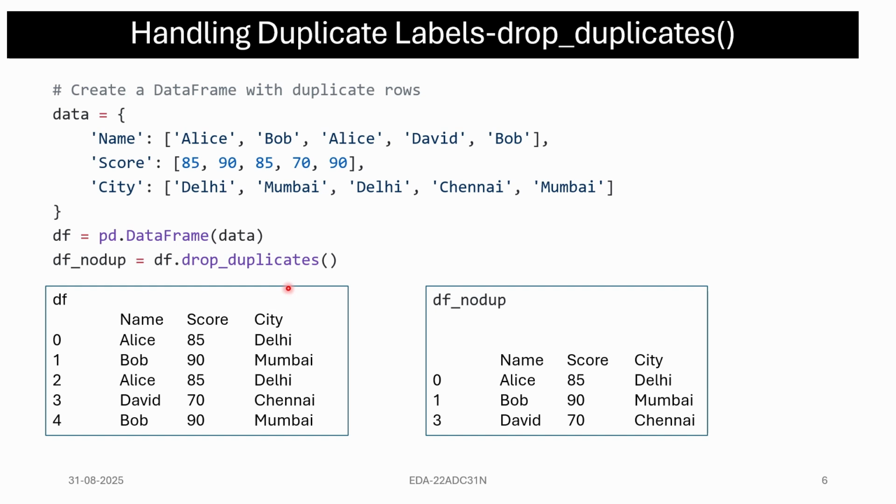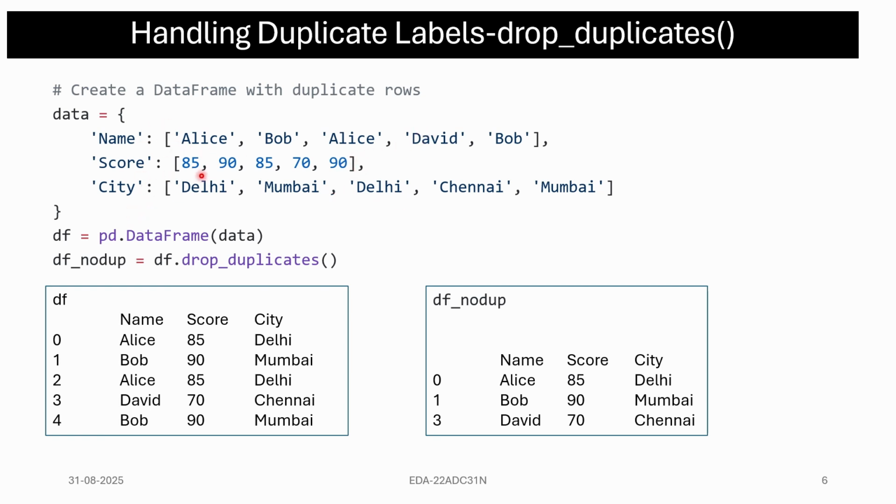Now let us look at when to use this df.drop_duplicates method. Let us create another data frame with 3 columns: name, score and city. Here we are passing a dictionary to pd.DataFrame. This is the dictionary with the keys name, score and city, and we have the corresponding elements for names, score as well as city.